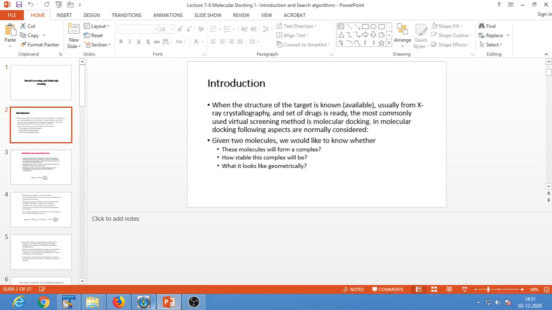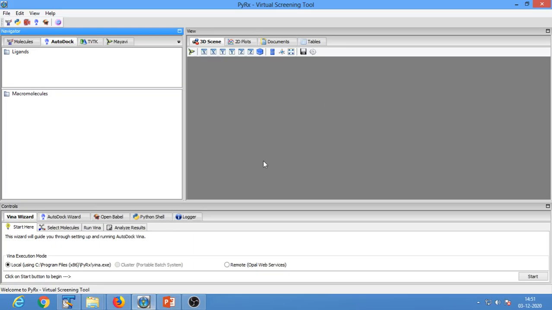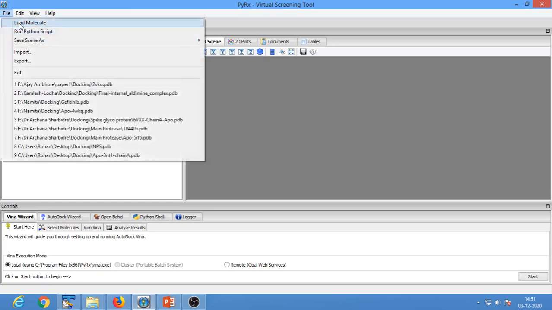For this I will be using a software called PyRx. Of course, we would be dealing with this software in more detail in our demonstration section. So I would just give you a brief idea about what exactly you expect when you perform molecular docking, or when you perform virtual screening.